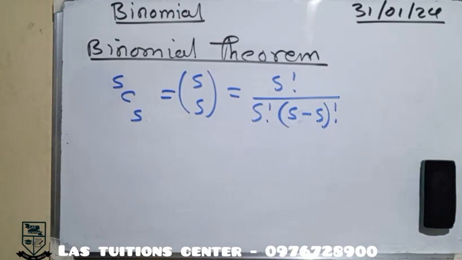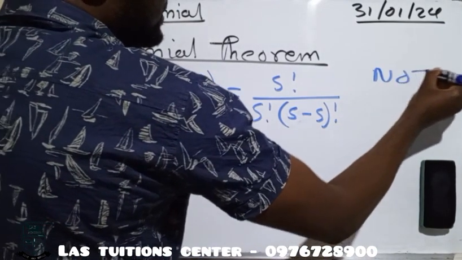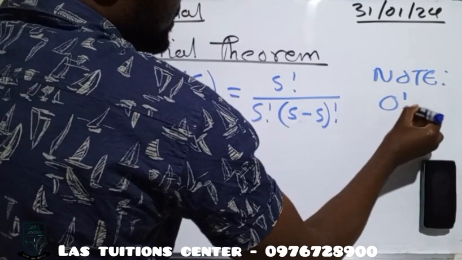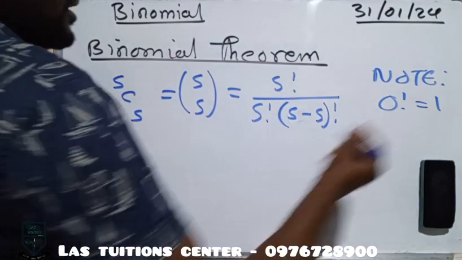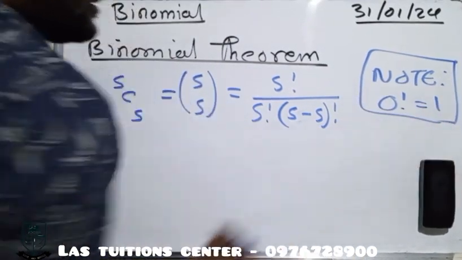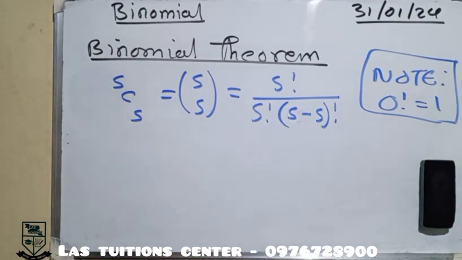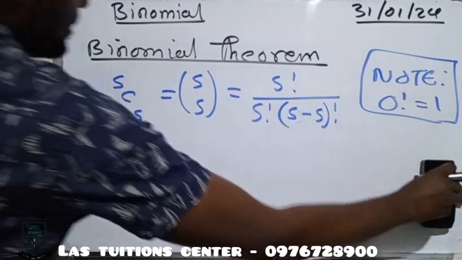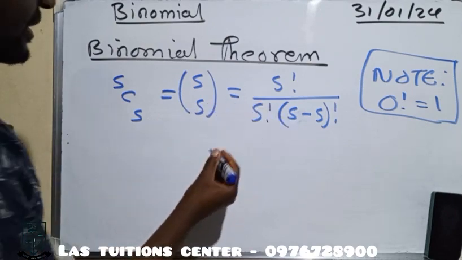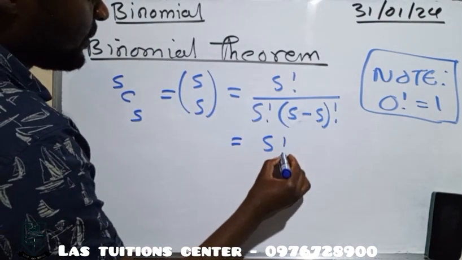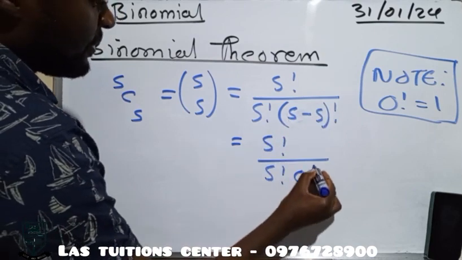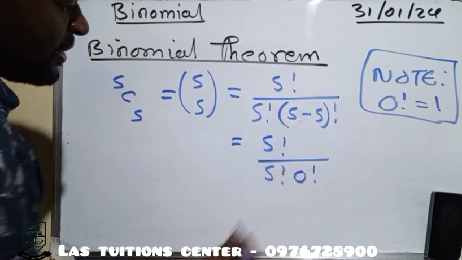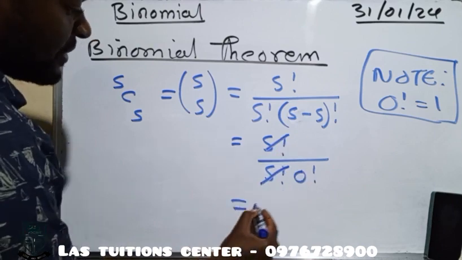You need to take note that 0 factorial is 1. So in this expansion we have 5 factorial over 5 factorial, and 5 minus 5 is 0 factorial, which gives us 1. So that simply gives us a 1.